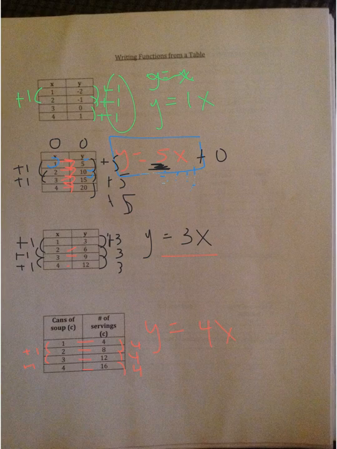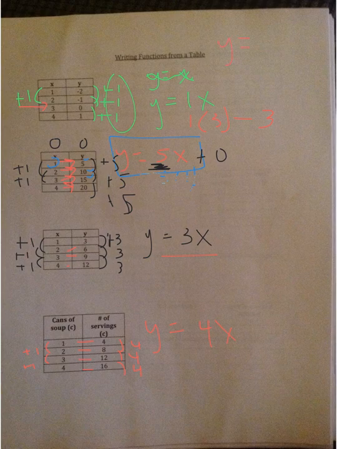I'm actually going to drop down here, because I think it's easier to take a look at what's happening when you're dealing with a positive x value. So let's go ahead and say if x is 3, substitute it in here. So we have 1 times 3 is 3. How are we going to get to 0? We're going to have to subtract 3. So we've got y equals 1x minus 3.